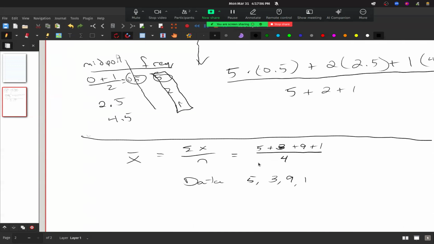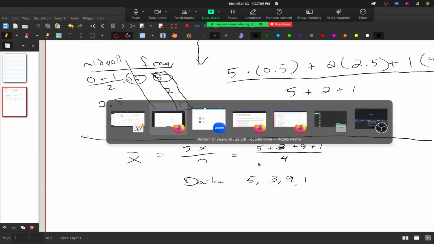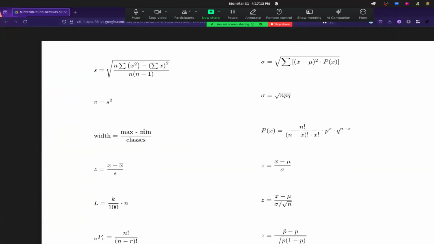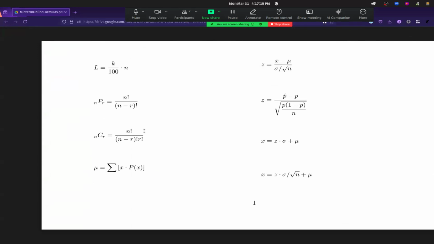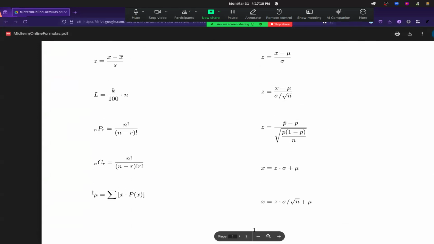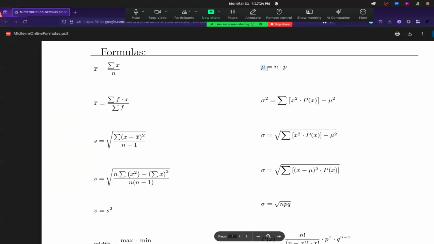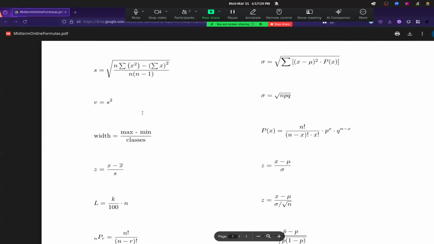So now, going back to what I originally accidentally was mentioning, let me look at the formula sheet again. If we go way down here, you've got this mean, and then I think you got this mean also. So let me talk about when to use those formulas.